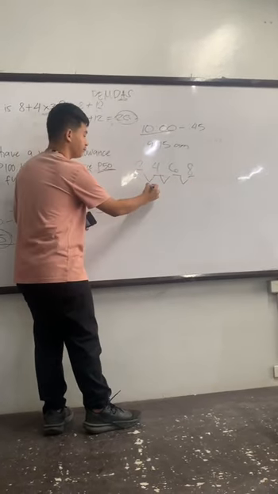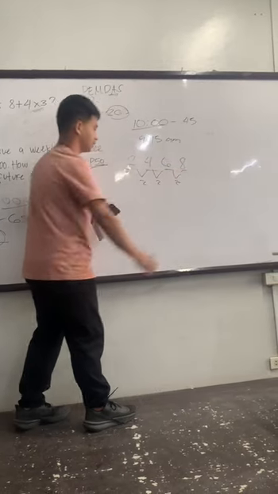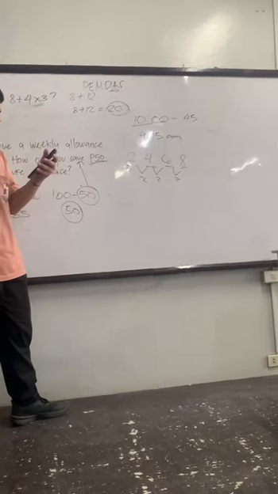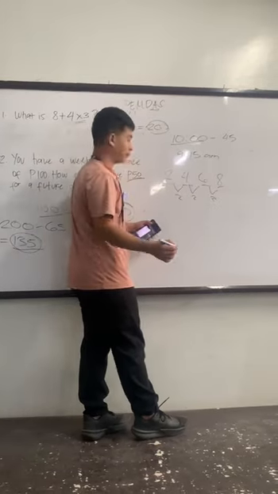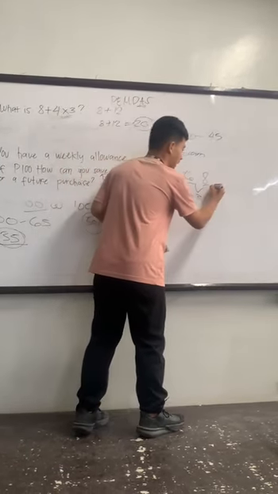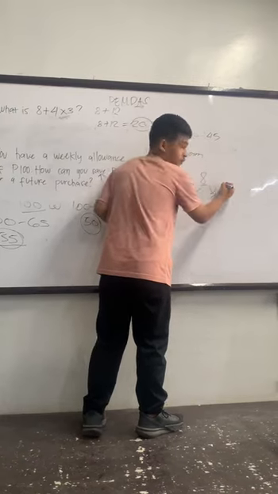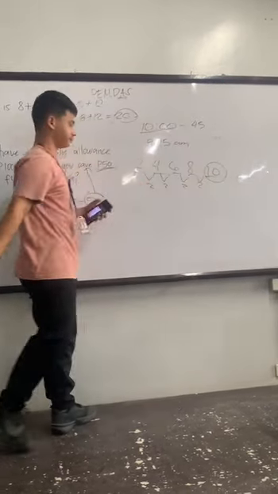So 2 plus 2 is 4, 4 plus 2 is 6, 6 plus 2 is 8. So you will add 2 here. The number that comes next is 10.